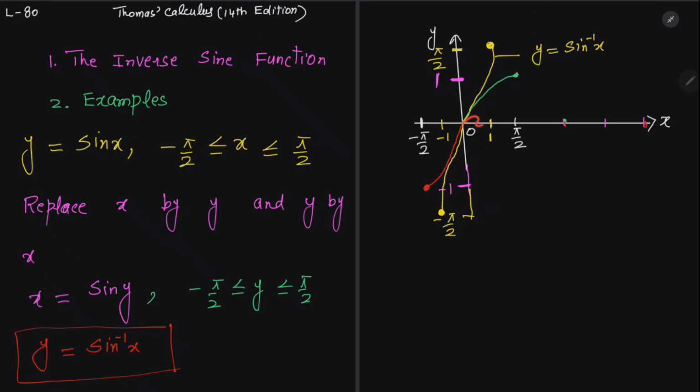So roughly this is the reflection against y is equal to x. So for y is equal to sine inverse x, x is minus 1 to 1, and y is minus pi by 2 to pi by 2. So this was the sine inverse function.